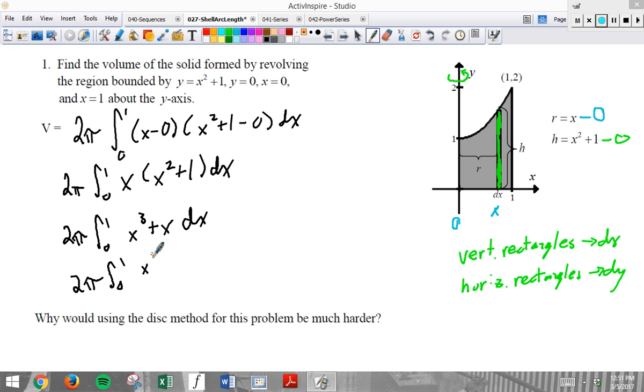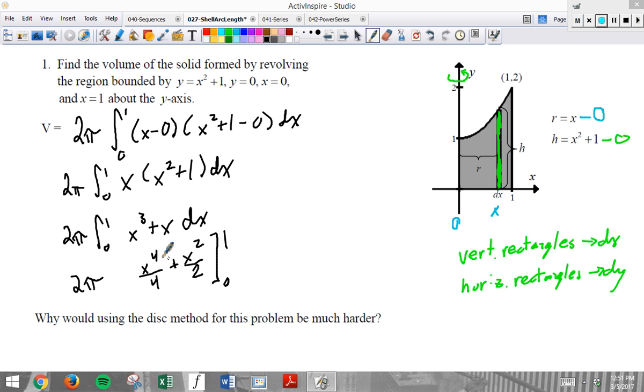0 to 1, x to the 4th over 4, plus x squared over 2. Oops. Oh my gosh, I did mess up. Sorry. It should have been done by now. Why wasn't it done?